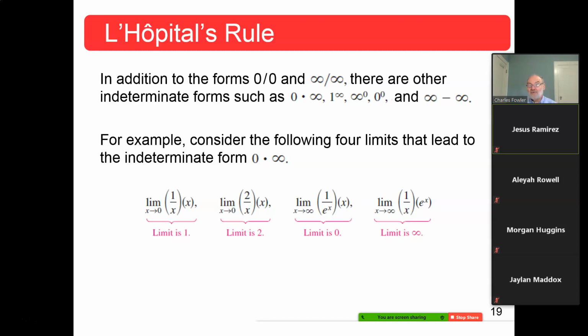Infinity raised to the 0th power, seems like to me that should be 1, but I don't know. Or 0 to the 0th power. Now that makes no sense whatsoever. And infinity minus infinity. Who wins that one? Which infinity is bigger? Okay, we don't know.